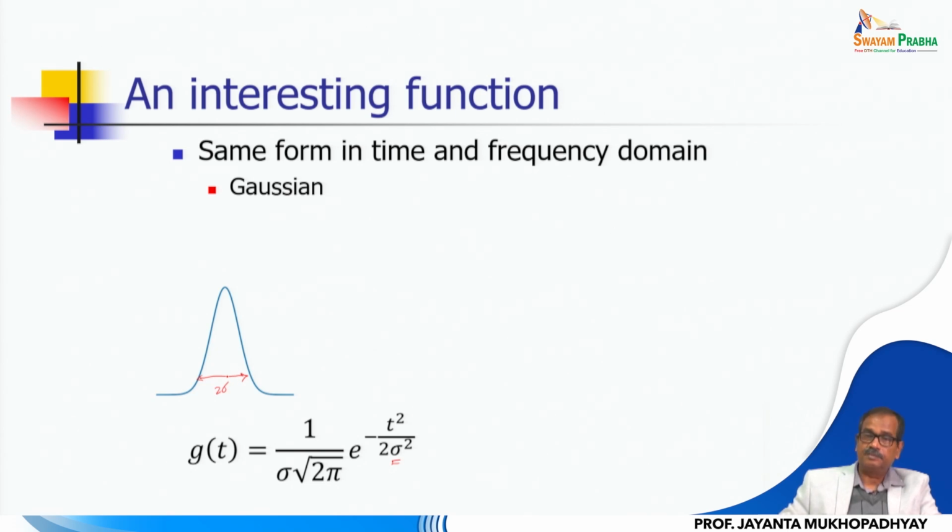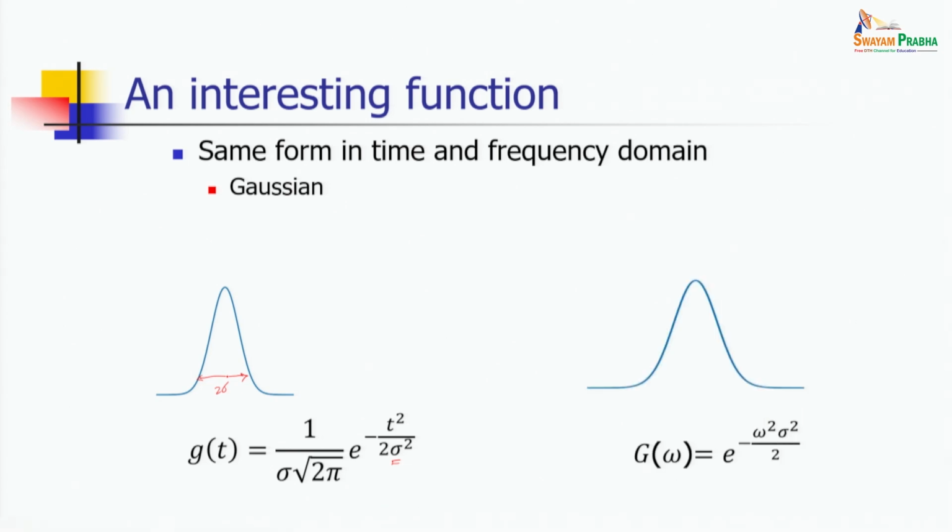If I take the Fourier transform of this Gaussian function, then its transform also has a Gaussian shape, but now the width is inversely proportional.